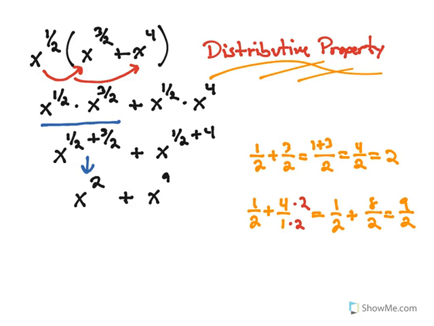So x to the 9/2. So that's your answer. And we're not adding the exponents because there's no multiplication here. It's just x squared plus x to the 9/2. So this would have to be the answer.